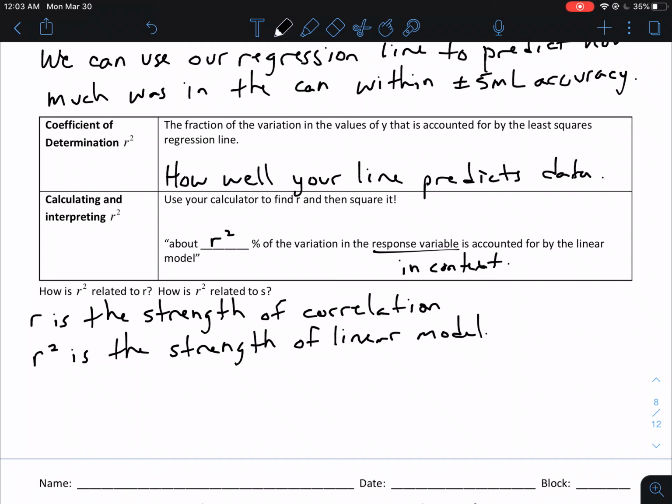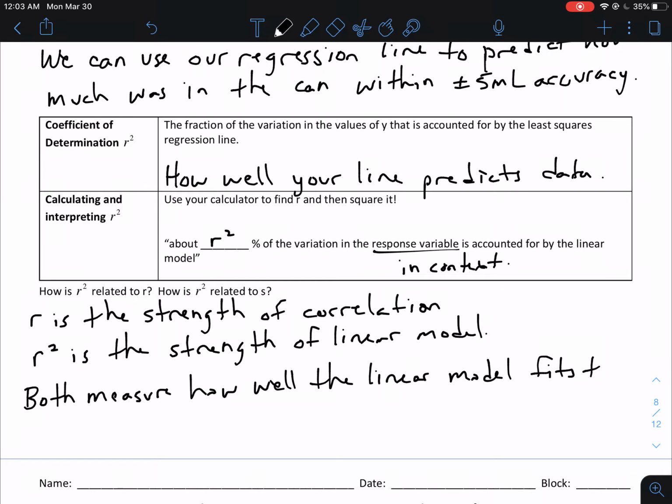As for the second question, how is r squared related to s? Well, both measure how well the linear model fits your data. So in a sense, they do the same thing.